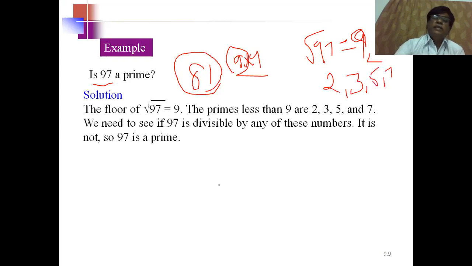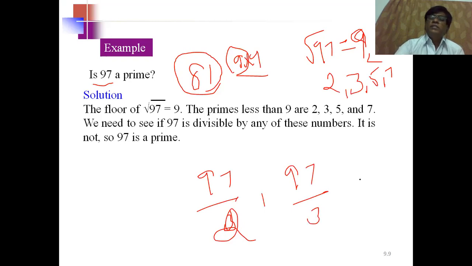Now check whether 97 is divisible by 2 or not. Then check whether 97 is divisible by 3 or not. Now check 97 divisible by 5 or not. Now check 97 divisible by 7 or not. Now we need to see if 97 is divisible by any of these numbers. It is not.